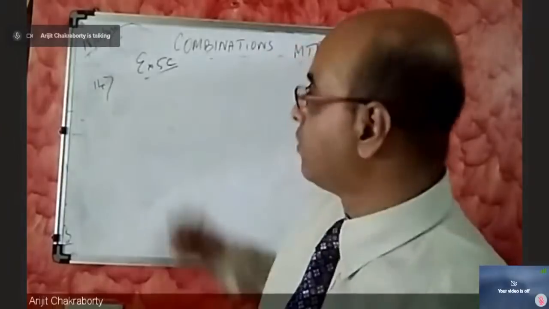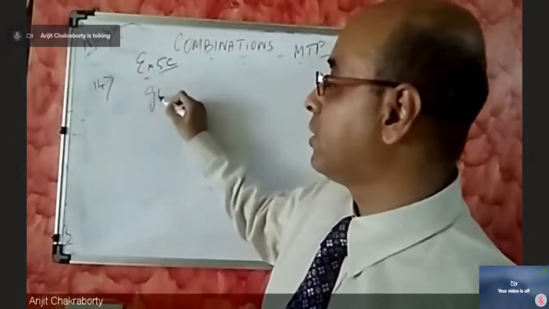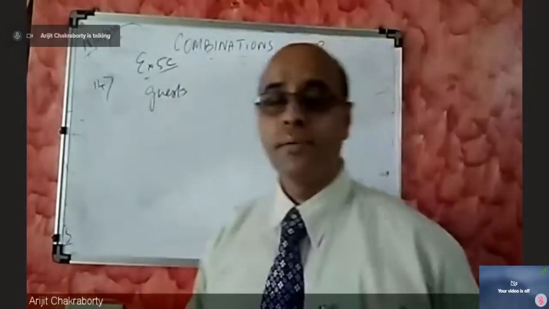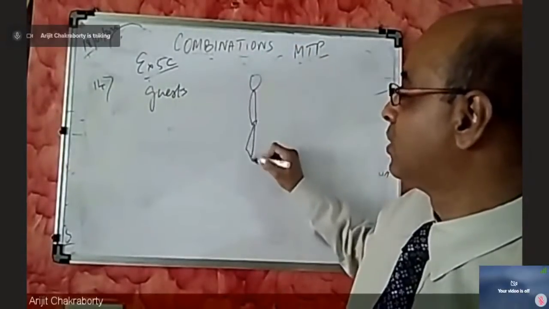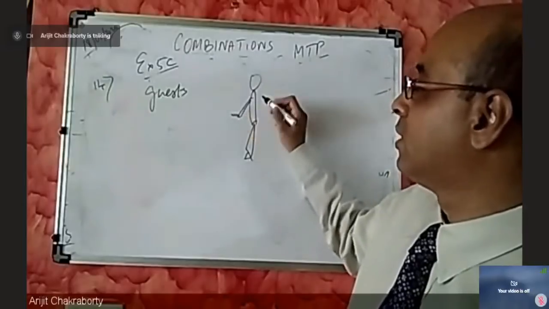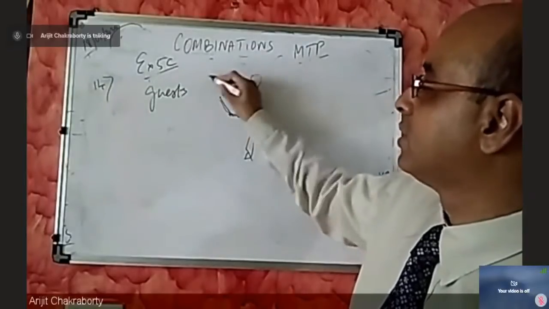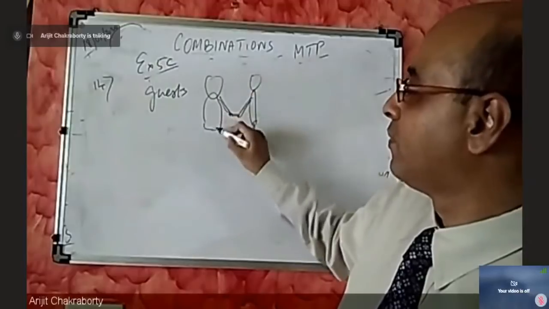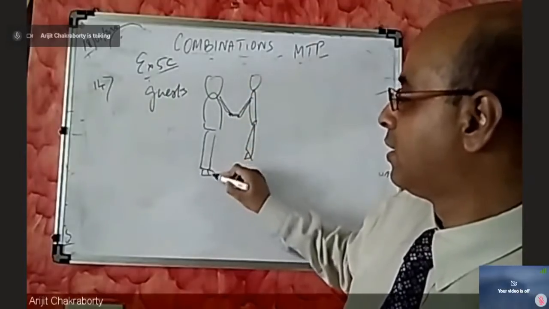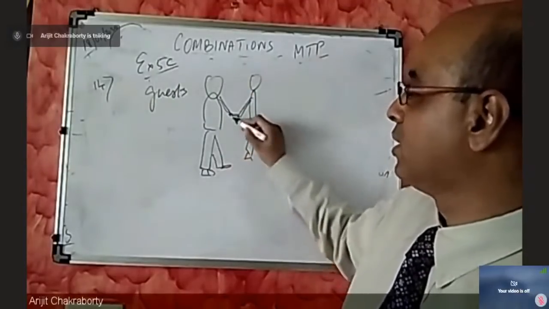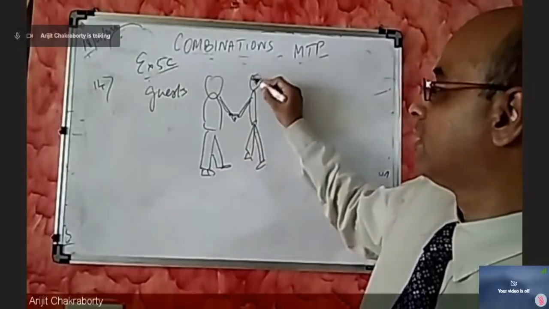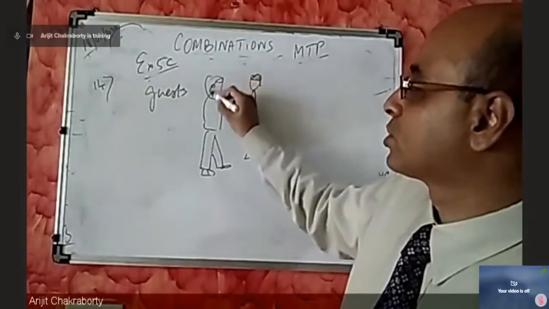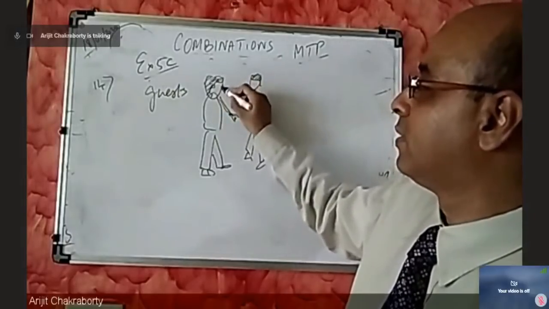66. So some guests are there. A person comes up to shake hands, and again a shaking of hands. Very social, very good, important.